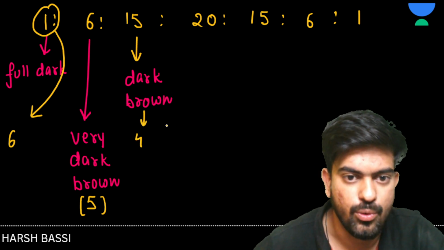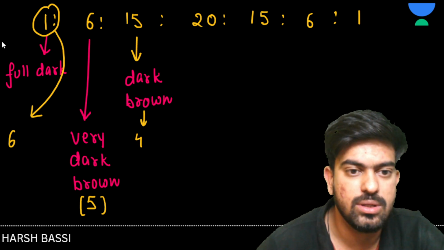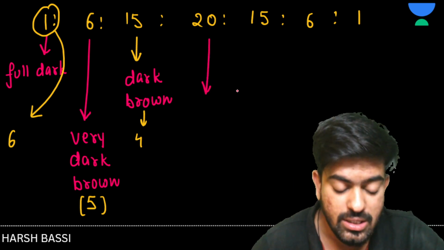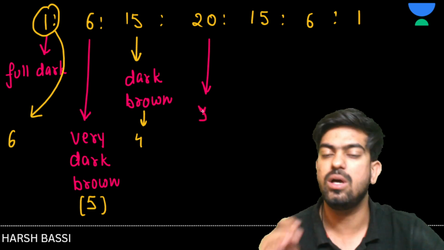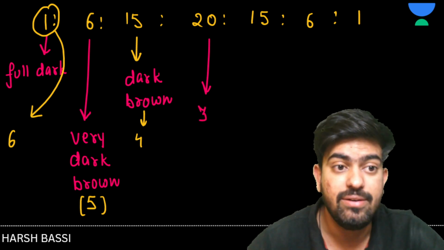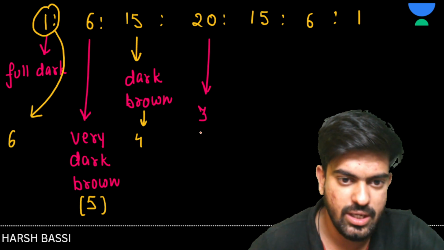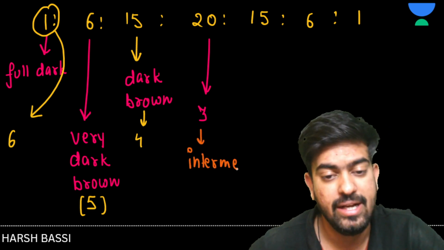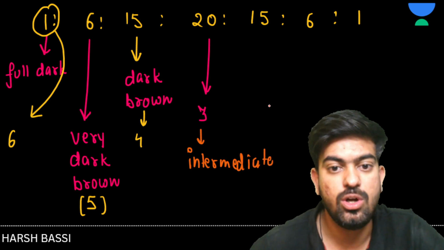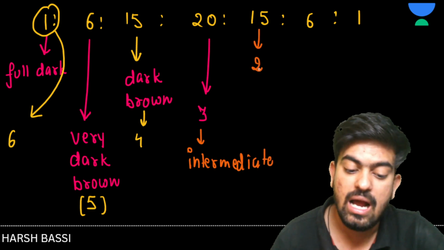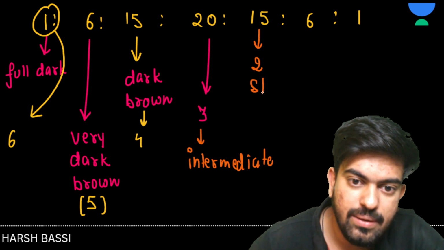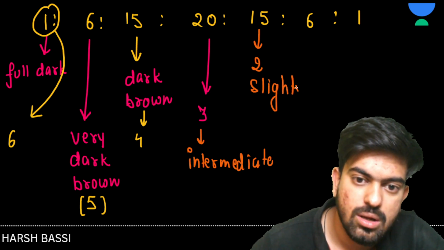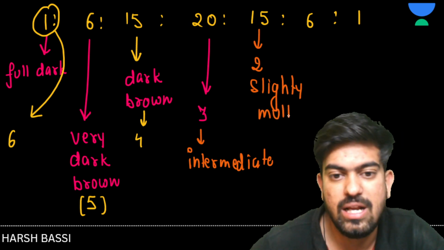Next, I talk about this thing which is 20. So 20 has 3 alleles dominant, and the skin color is intermediate. Next, only 2 of them are dominant, and in this case slightly mulatto.